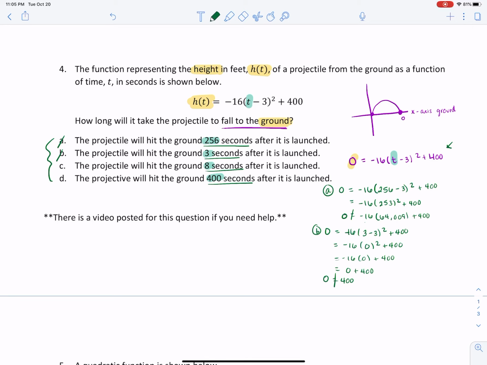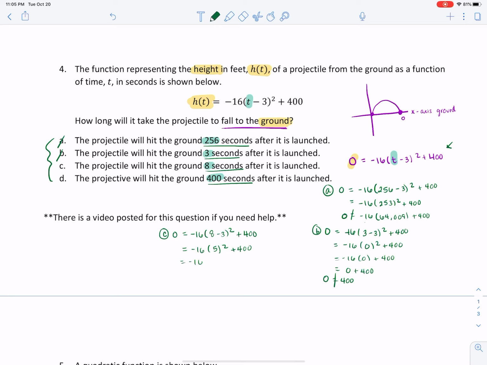Okay, so now let's test answer choice C. H of t is 0 equals negative 16. Instead of t, we're using 8 minus 3 squared plus 400. So negative 16 times 8 minus 3 is 5 squared plus 400.